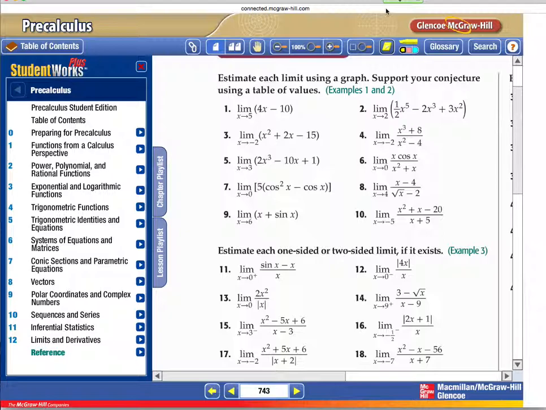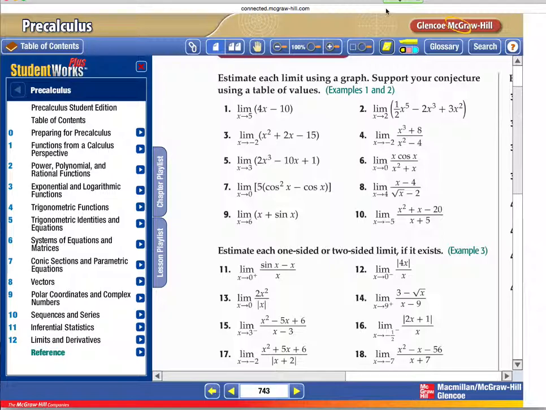Limit as x approaches 5, 4x minus. Seth? Limit as x approaches 5 to the 4x minus 10. Anybody else? Caleb? Limit as x approaches 5 of 4x. There we go. Nailed it.